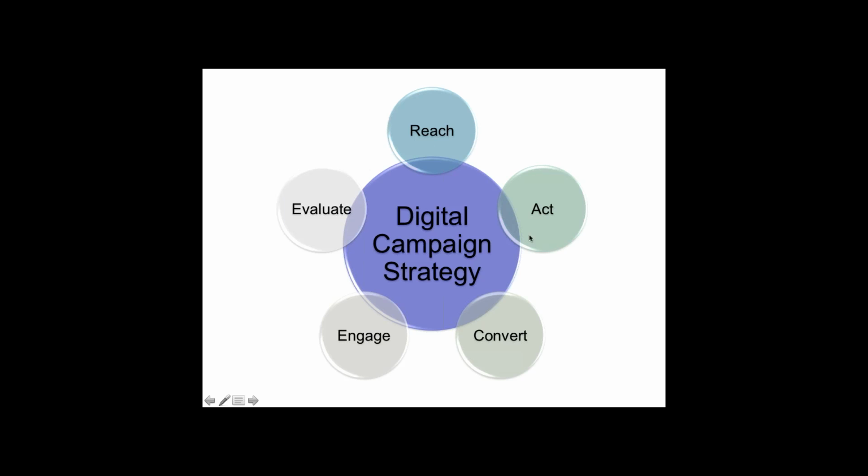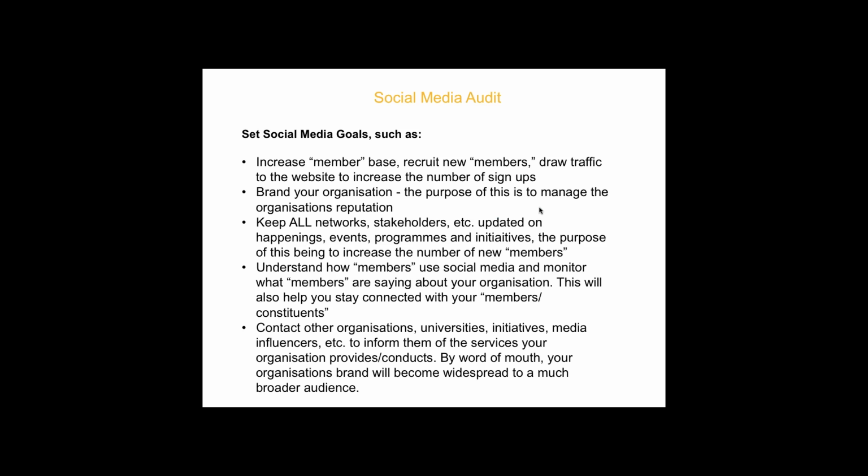So we want to reach a specific audience. We want to take action, which is not just an online action. It is not just a social happening in our social media networks where we're sharing our information, but we want to maybe take it offline. We want to set up protests or meetups or marches or whatever the case may be.